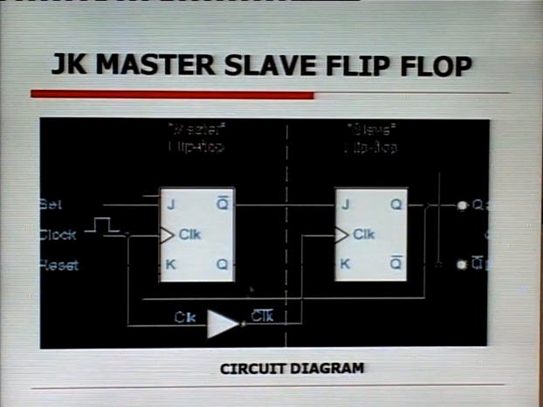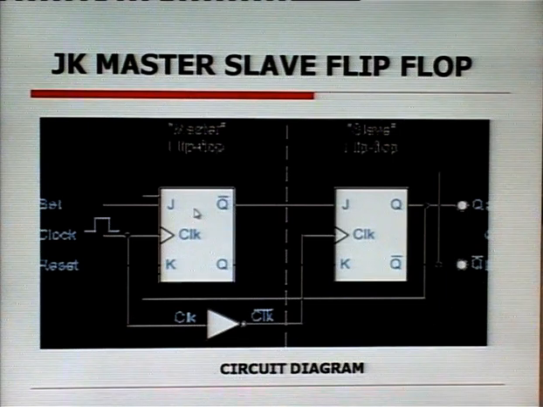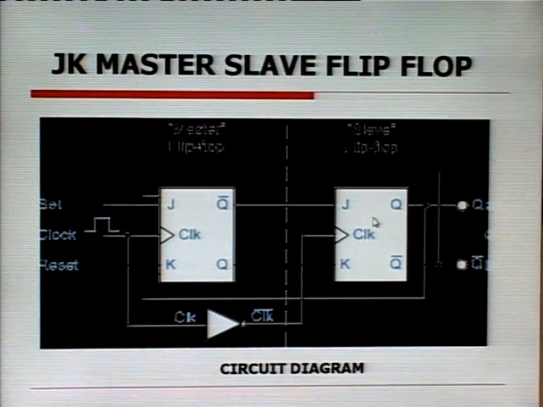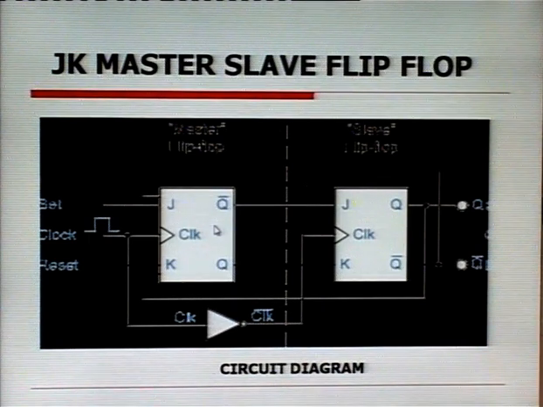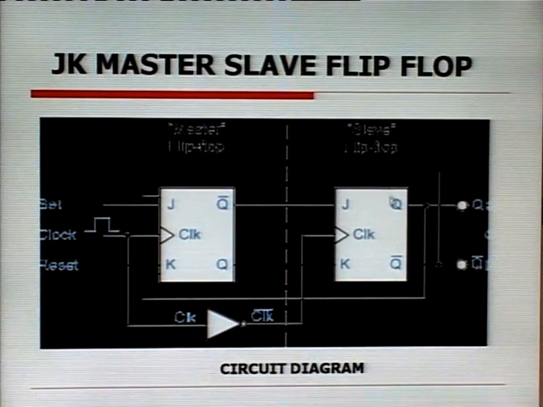So we have a master JK flip flop and a slave JK flip flop, and this combination is used to avoid the racing problem, that is, toggling of the flip flop more than once in a single clock cycle.